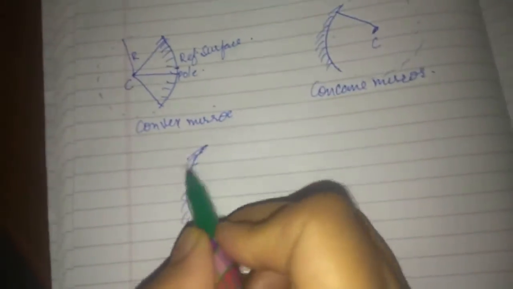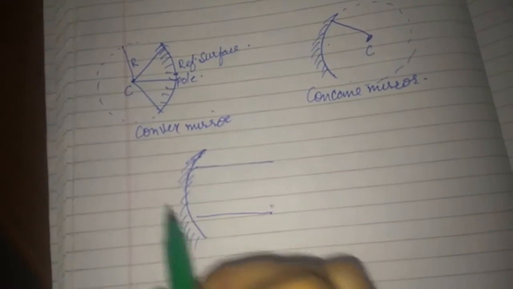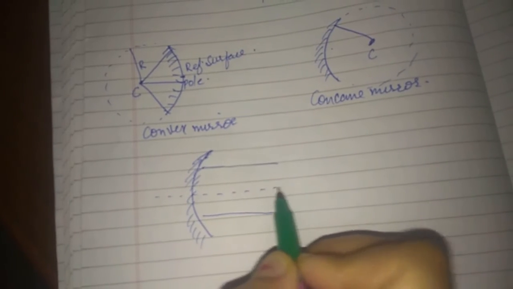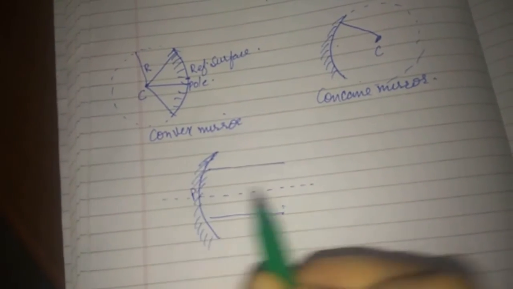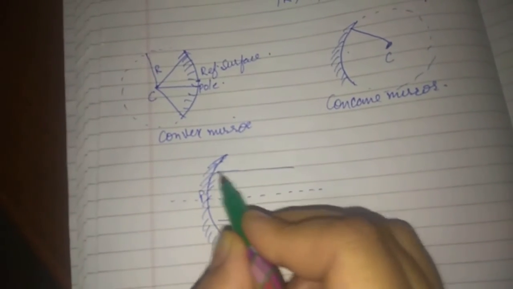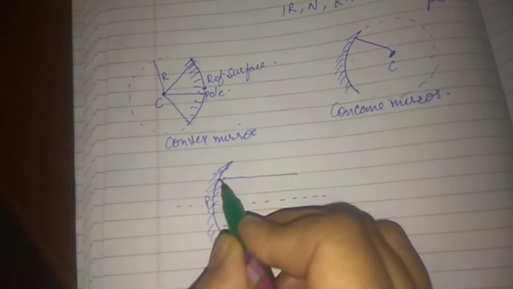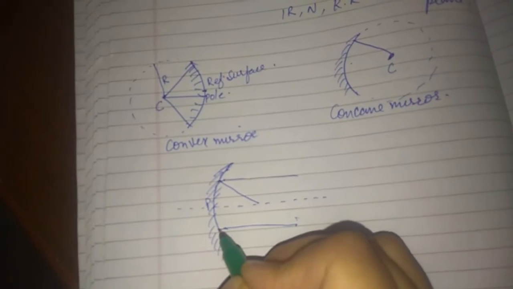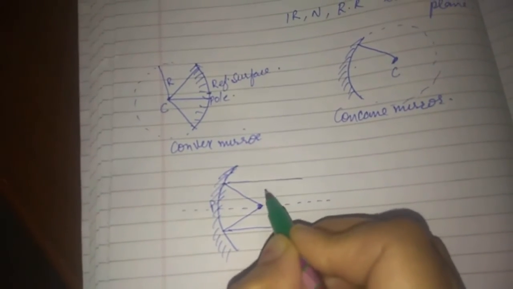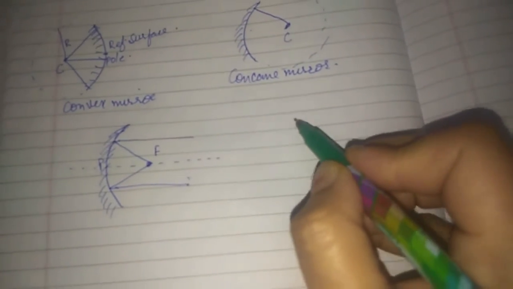When the parallel beam of light is coming, this is the principal axis which is passing through the pole, and after striking the mirror, these rays are going to converge at one point. The point where these rays converge is called the focus.